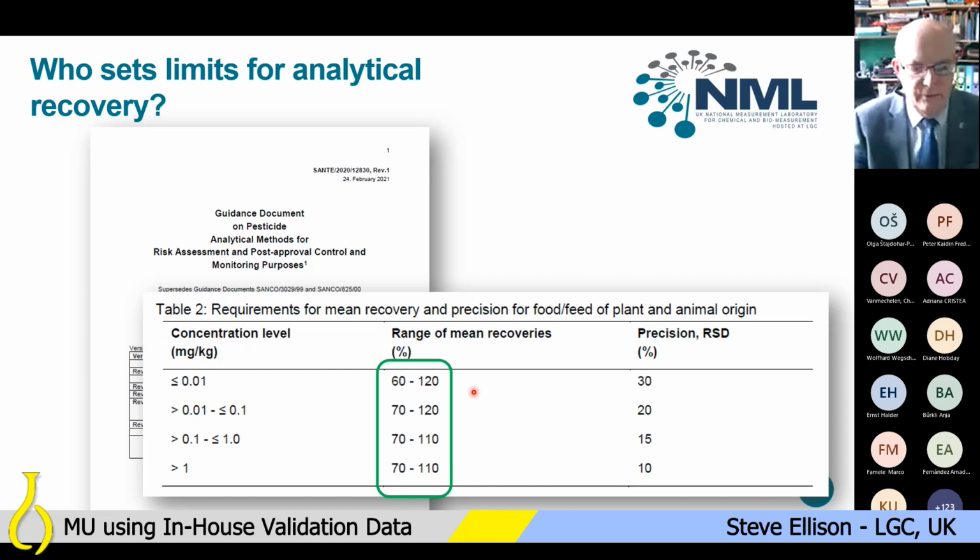And if laboratories find that their recovery at validation is anywhere in that range, then they are permitted to proceed. And there are a couple of provisions in this guide for correction when the recovery is extreme but within the permitted range. But in general, the system is a permitted range here, in this case 70 to 110, for example, at low levels.